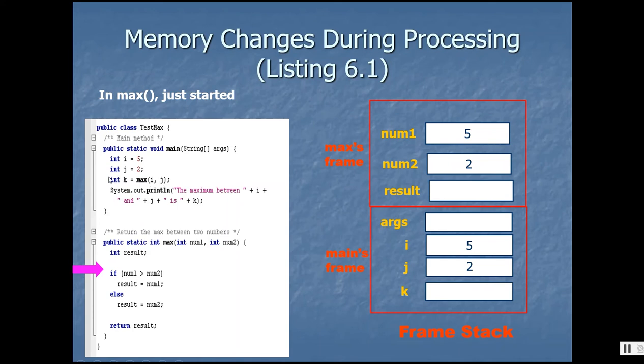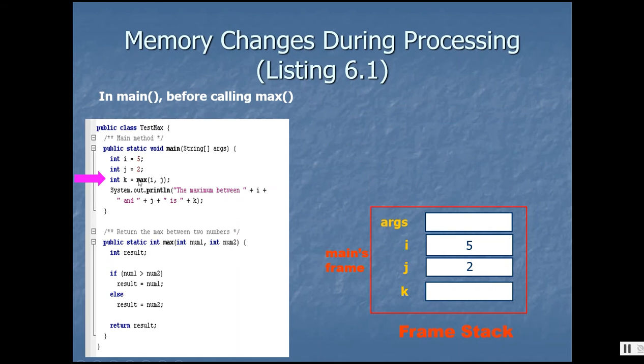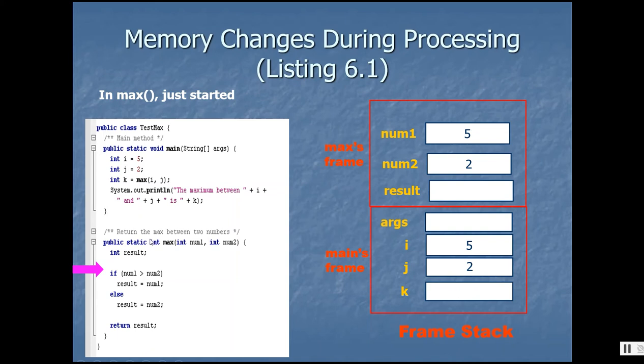In main, this statement here is waiting until the expression to the right of the assignment operator has been resolved. You can't assign a value into this variable until that expression has been resolved. In order to resolve that expression, this method had to be called. So now this method is called, and in main, we're just sitting here waiting until this gets done.